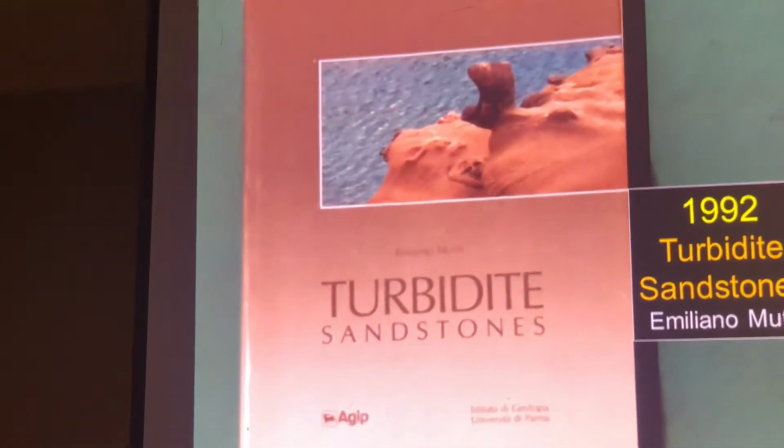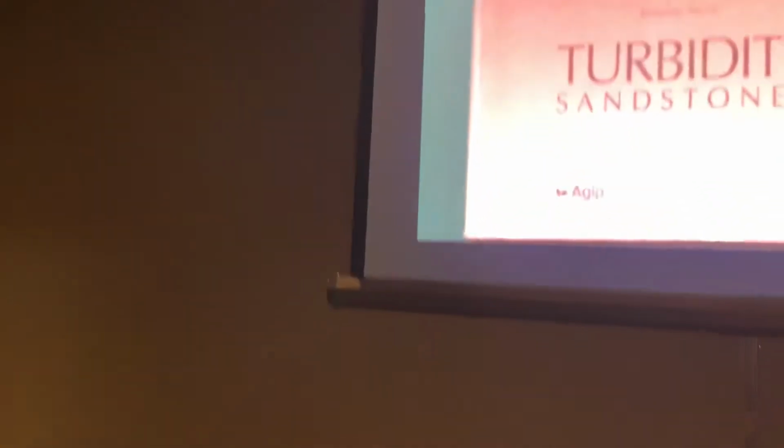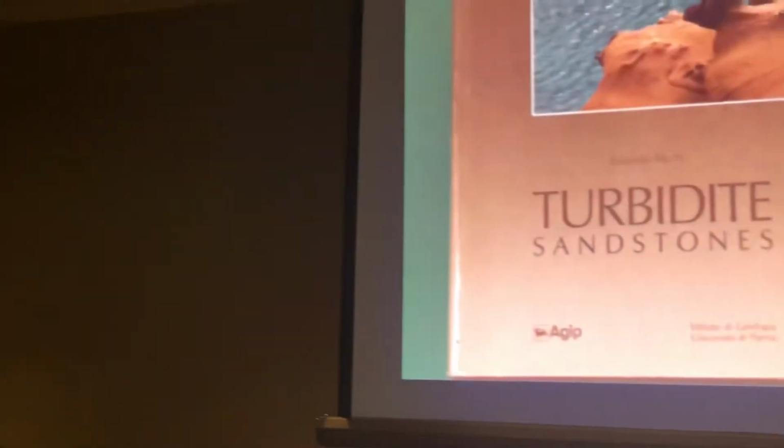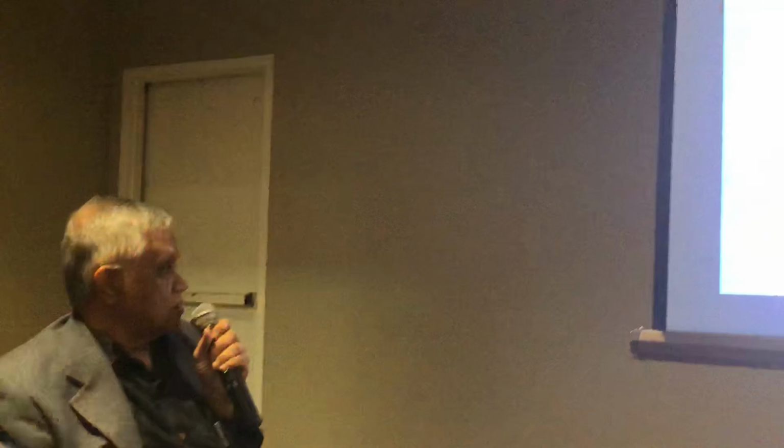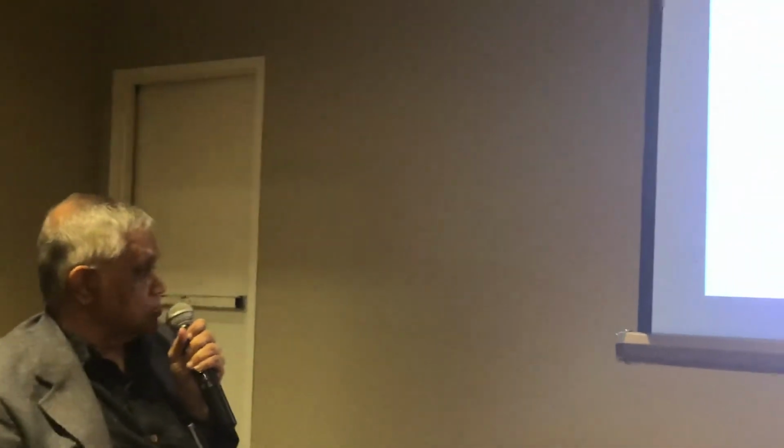But you can't buy this book because it is not sold in public places. You can only get it from Mutti or from Agip. It is an Italian oil company that published it. Mutti sent it to people who worked on turbidites all over the world. I was fortunate enough to get 2 copies, although I was criticizing the models.